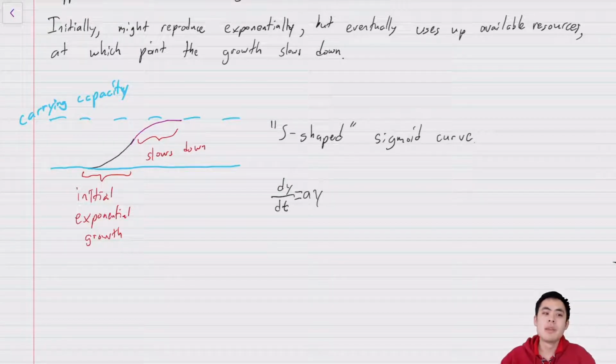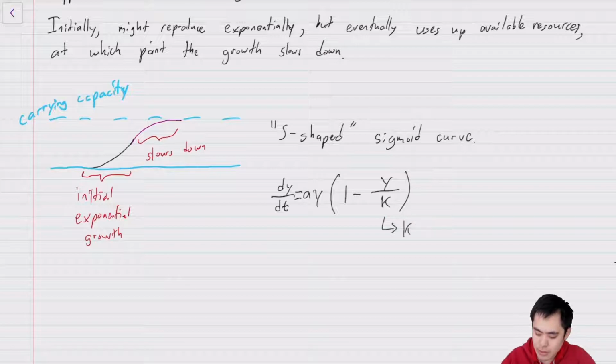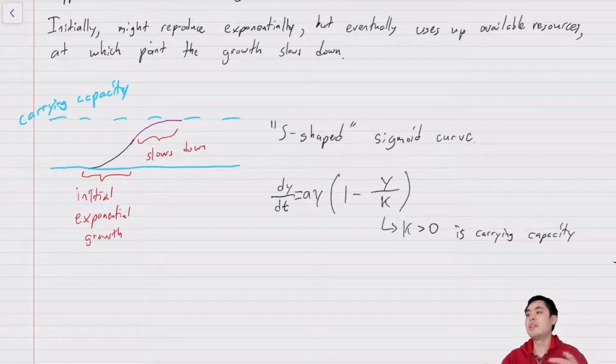But in this particular case, we want it to slow down once you start getting close to a carrying capacity. So we're going to multiply this by a term 1 minus y over k, where k greater than 0 is the carrying capacity. So once you get to k individuals, then your growth rate slows down to 0, and you approach that asymptotically as you get closer and closer.